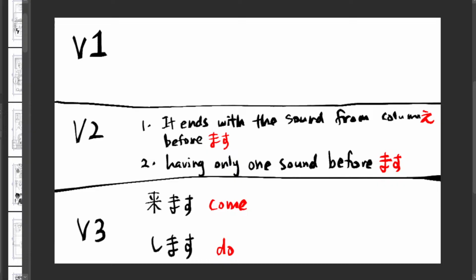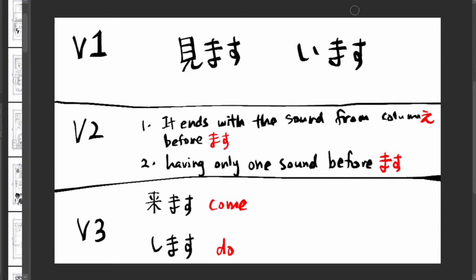For example, we have the verb mimasu and the verb imasu. Mimasu means to look or to watch, and imasu means to be: is, am, are.